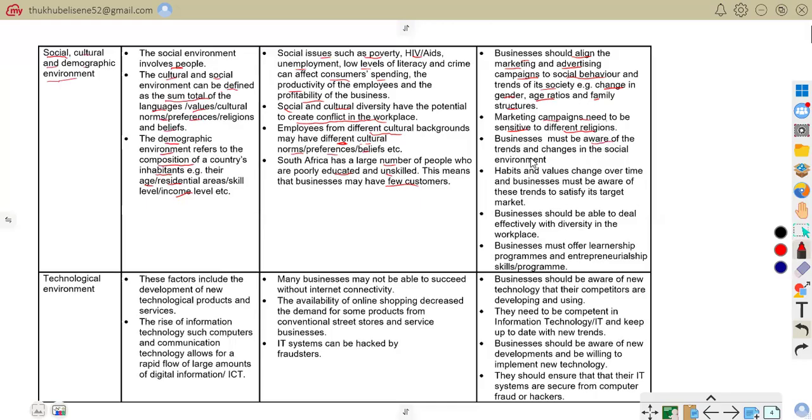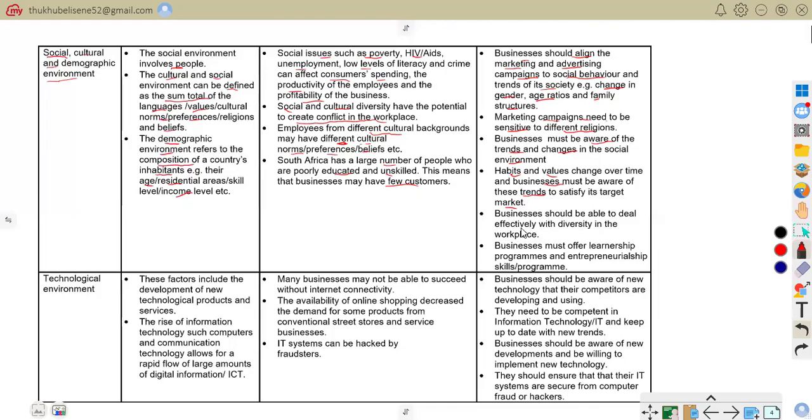Business must be aware of the trends and changes in the social environment. Understand changing lifestyles. Habits and values change over time, and business must be aware of these trends and satisfy its target market.